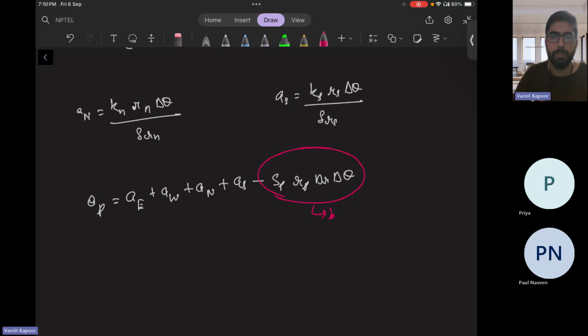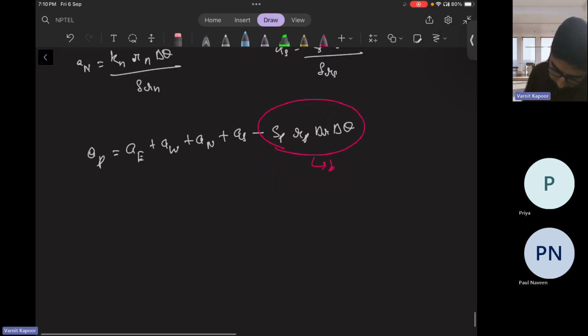Now we will start with discretization using axisymmetric coordinates. Okay. With no doubts, let's come to the next coordinate system.